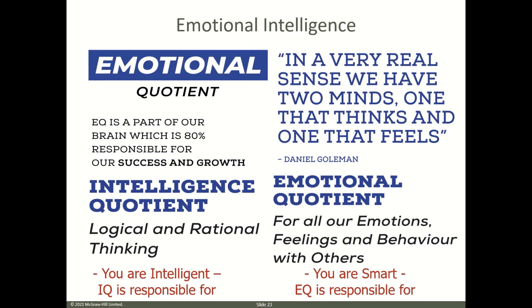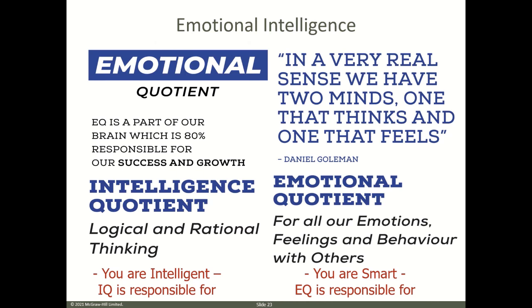In a rare sense, we have two minds: one that thinks and one that feels. The feeling part is emotions and the thinking part is intelligence, logical or rational. So your IQ is responsible for logical and rational thinking, that you are intelligent, right? And the EQ level is for all our emotions, all our feelings and behavior with others. That is the emotional quotient.